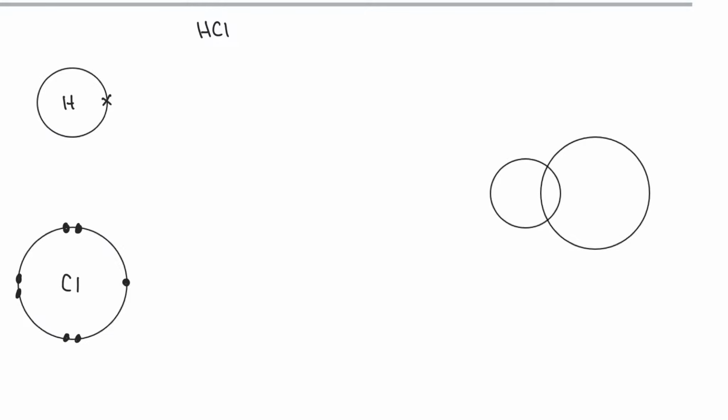Now everything that we've done so far has been an element. This is our first compound, HCl, otherwise known as hydrogen chloride. Now hydrogen's got 1 electron in its outer shell, chlorine's got 7. So in this case we're going to get a single covalent bond between the H and the Cl. So we'll put our shared pair of electrons there and we'll put our other 6 electrons from the chlorine here.